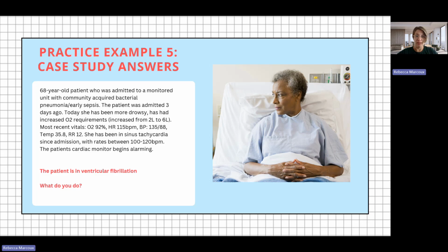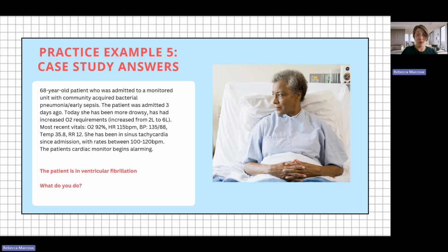The other difference when we're thinking about difference between a PEA or an asystolic arrest versus a VFib or pulseless V-tach arrest is amiodarone. So we give an antiarrhythmic, so amio or lidocaine. I've never seen lidocaine given, but it is an option. So defibrillation and amio are really your differences.